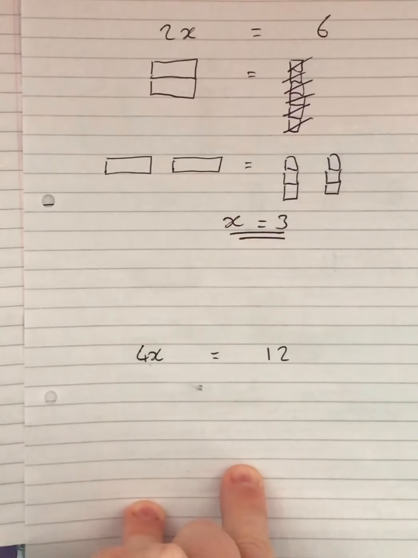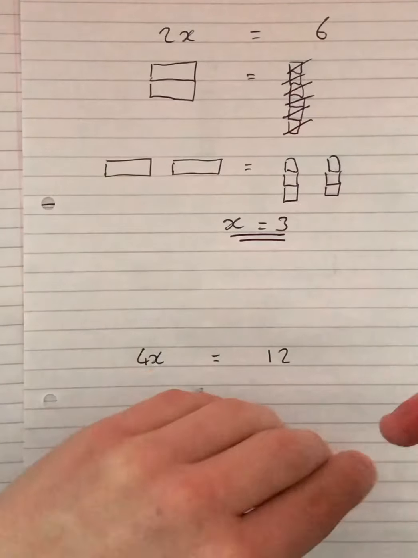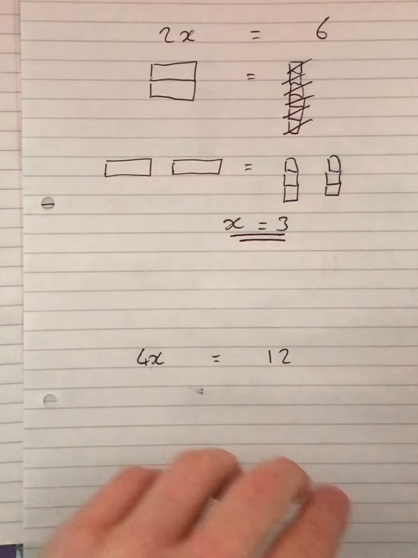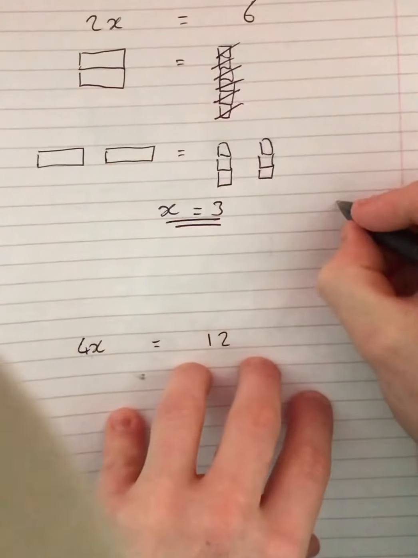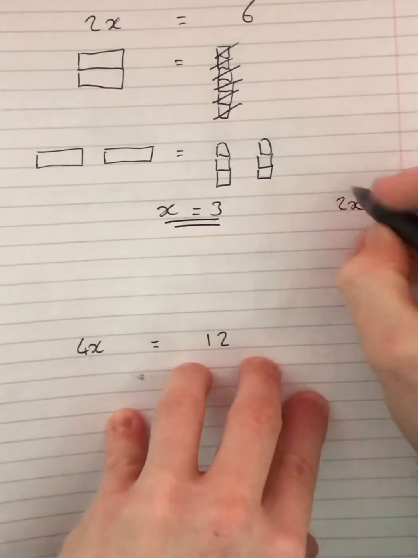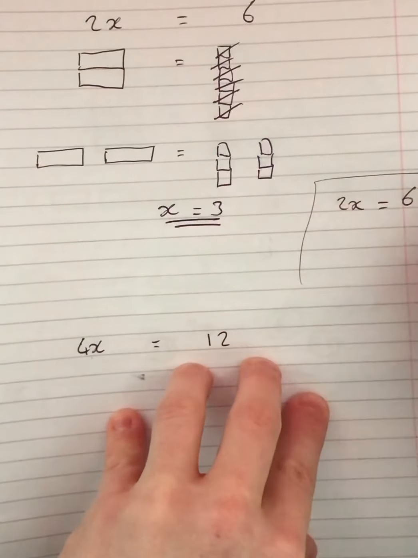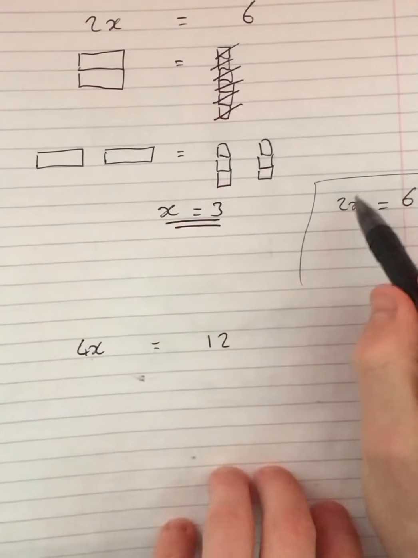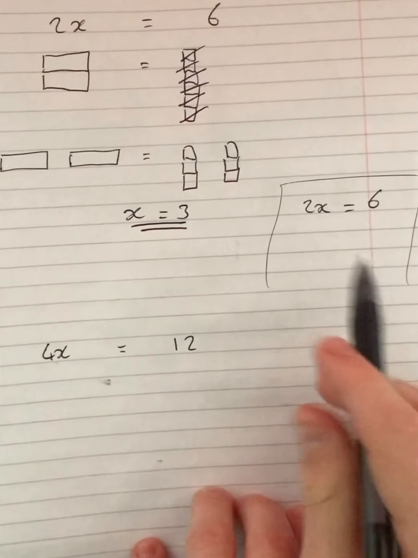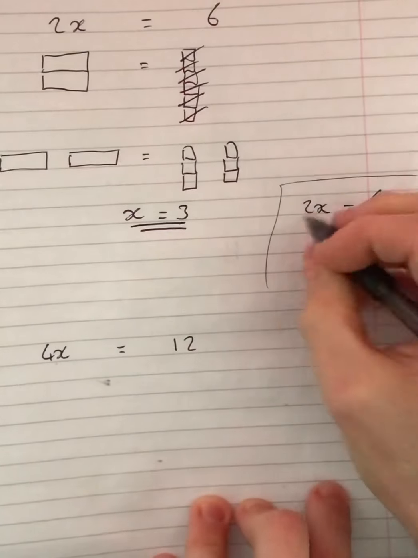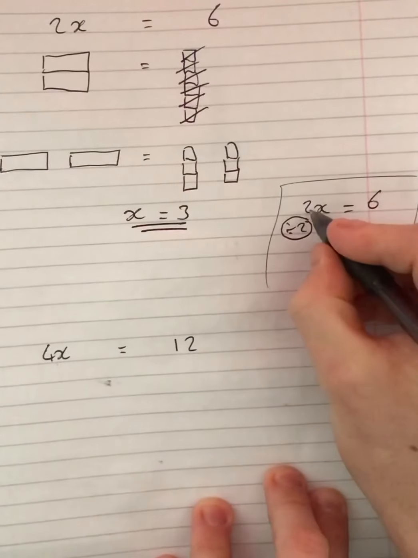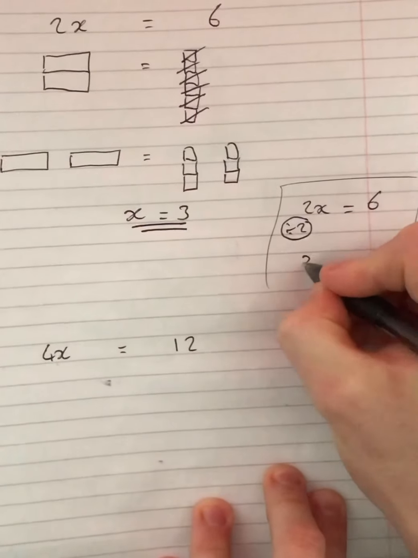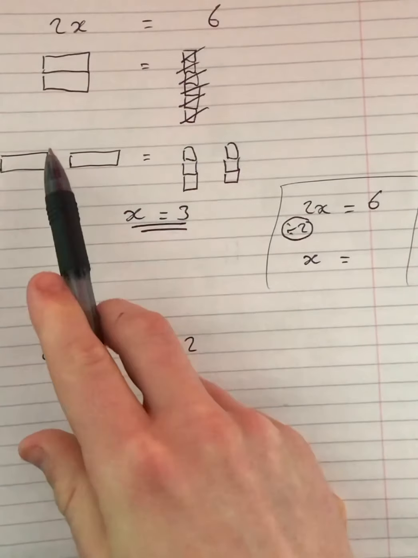And for those of you that did that without using the diagrams, you'll have had 2x is equal to 6. 2x tells us that there's going to be 2 rectangles, so we're going to want to break that into 2 equal parts, split that into 2 equal groups. 2x split into 2 equal groups is going to be 1x in each group, same as there was up here.